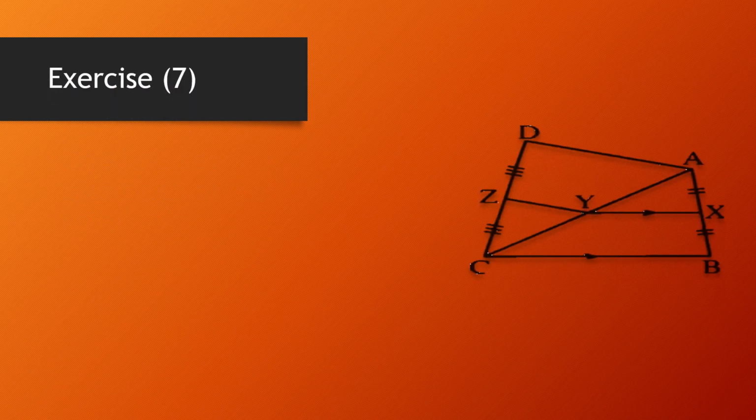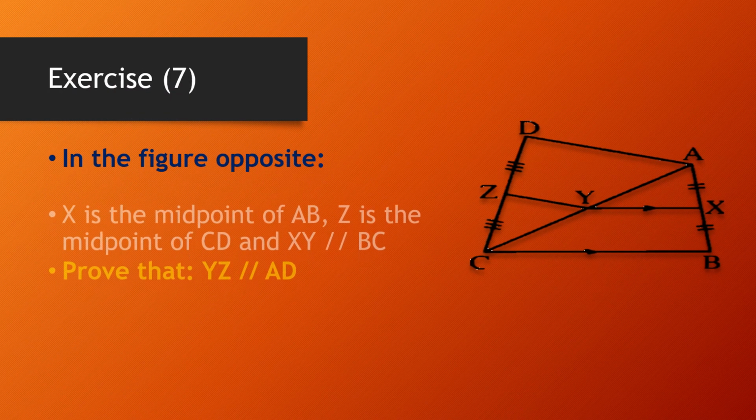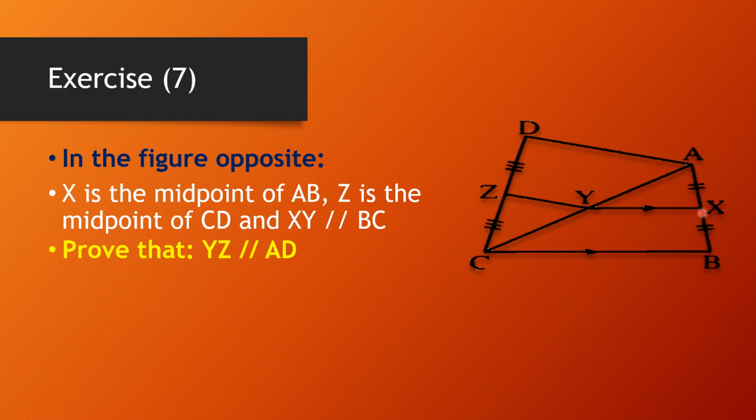Exercise 7. In the opposite figure, X is a midpoint of AB, Z is the midpoint of CD and XY is parallel to BC. Prove that YZ parallel to AD.